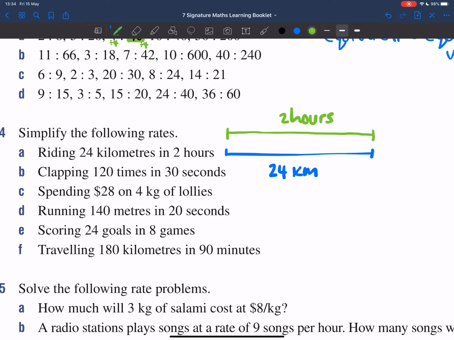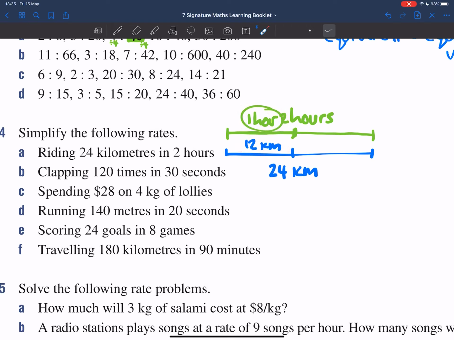So if it takes 2 hours for 24 kilometers, then simplifying this to 1 hour, so half of the 2 hours, we simply say that half of 24, which is 12 kilometers, will be our new simplified rate. So what's the answer here? It would be not 24 kilometers in 2 hours, but it would be 12 kilometers per single or 1 hour.